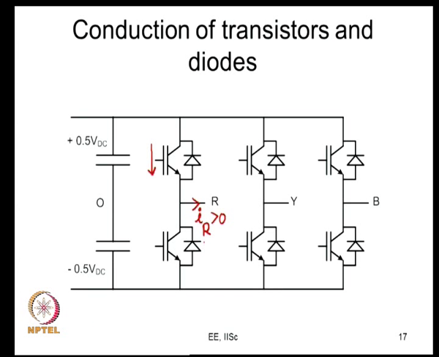The bottom diode will conduct if the bottom gating signal is higher than the top gating signal. So, this is how the conduction will be, which we have seen even earlier. So, when IR is negative, the current will be in the opposite direction. So, let us look at the next one, let us consider this case, let us say the Y phase current is flowing like this, we are in the negative half cycle of Y phase.